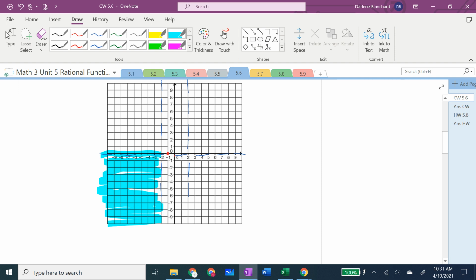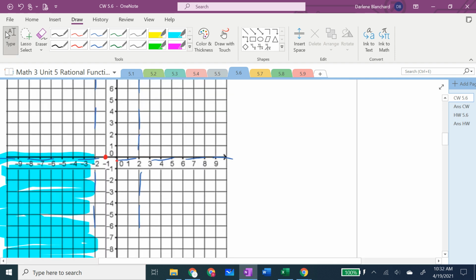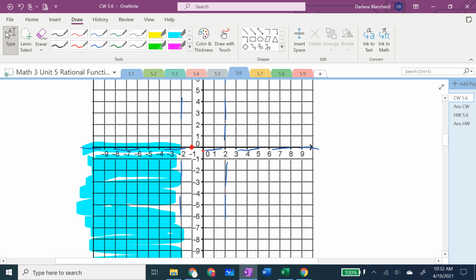My graph must follow the horizontal and vertical asymptotes. If I must follow this horizontal asymptote and I am stuck under the x-axis, do you see that it's coming from underneath? If I look right to left, then I'm under the graph coming up to that horizontal asymptote.